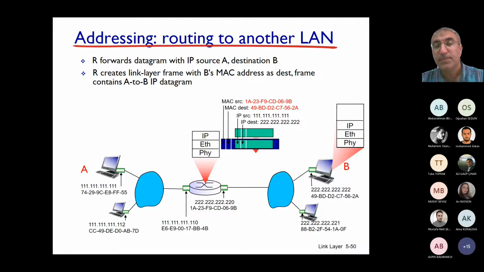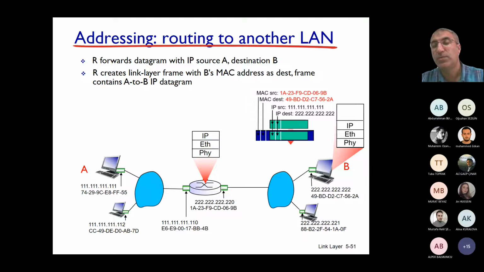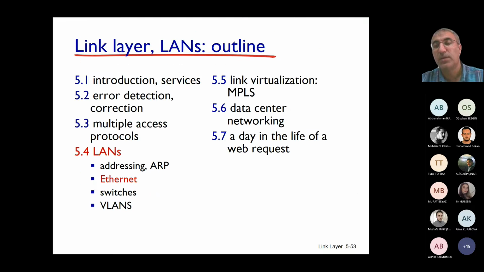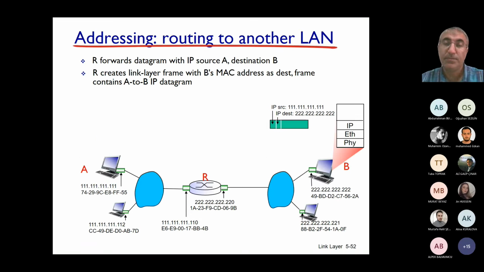As you see, the source is now the router's MAC address, and the destination has changed: it becomes the MAC address of node B. Then we start to transmit, and node B receives this frame, removes the datagram, and sends it to the IP layer.